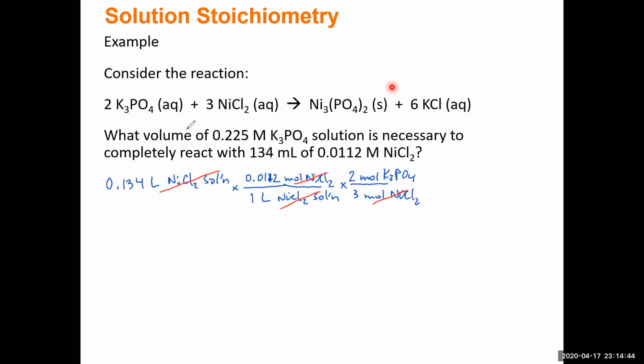Lastly, we want to convert into volume of K3PO4 solution, not just the moles. So we will now use the molarity of K3PO4. We want the moles to be on the bottom, so the moles cancel out, and on top, we want liters of the K3PO4 solution.